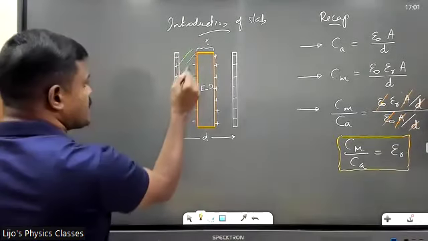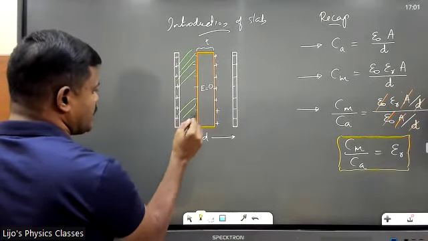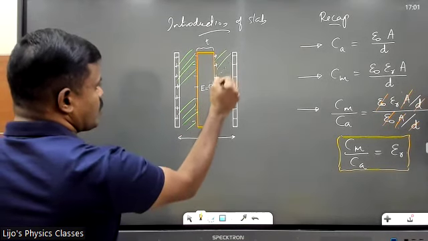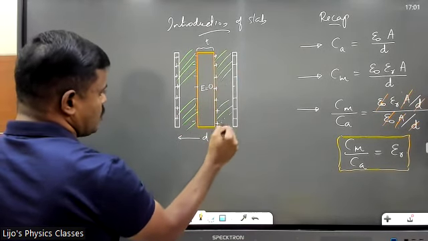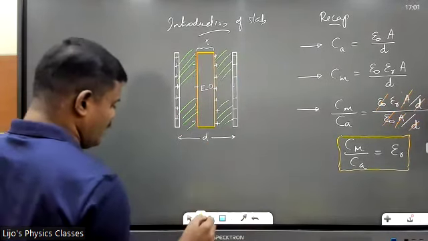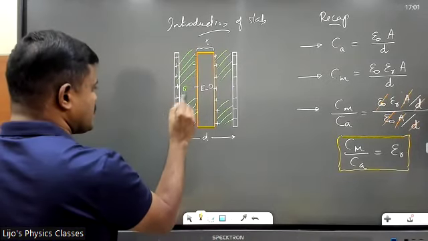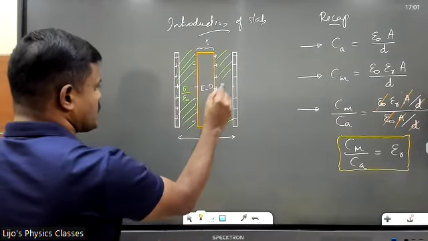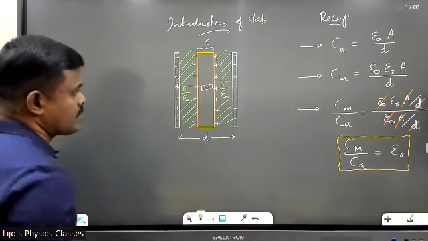Look at the green shaded area, the area that is outside the slab. There we have electric field sigma over epsilon 0.